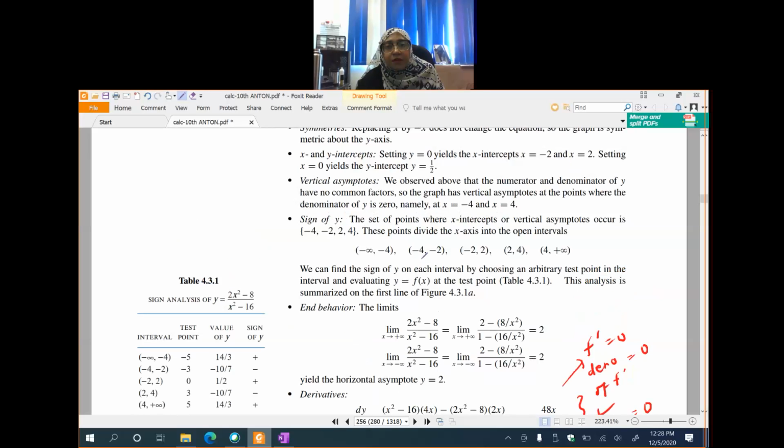Negative 2. Why is it negative 2? So it's the vertical asymptotes. Okay, this is correct.